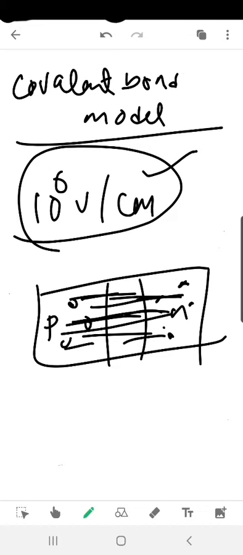So this shows us that the width of the depletion region is a very important factor in Zener breakdown, because we know that tunneling will only happen when the depletion width is narrow, and the depletion width will be narrow when the PN junction is heavily doped.